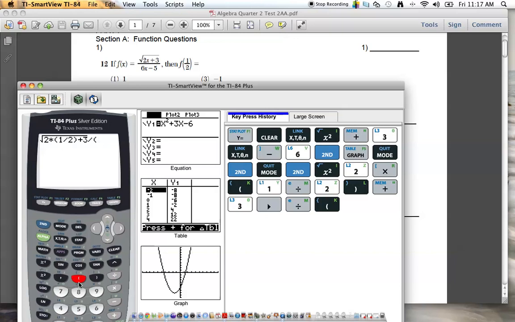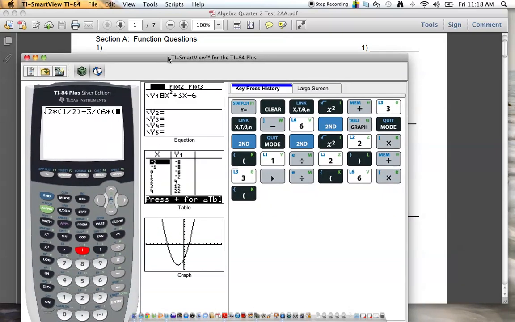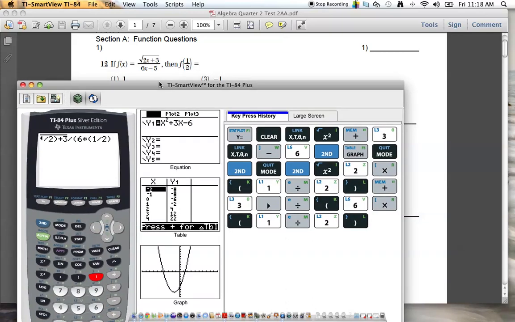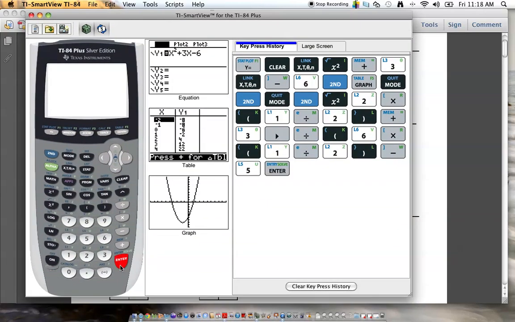I'm going to go 6 times, parenthesis, 1 divided by 2, parenthesis, and then minus 5. And then I'm going to hit enter. And it comes up with -1.